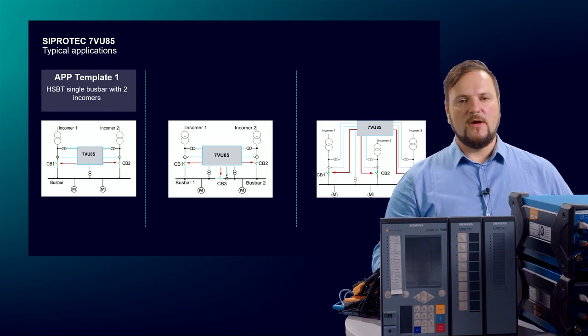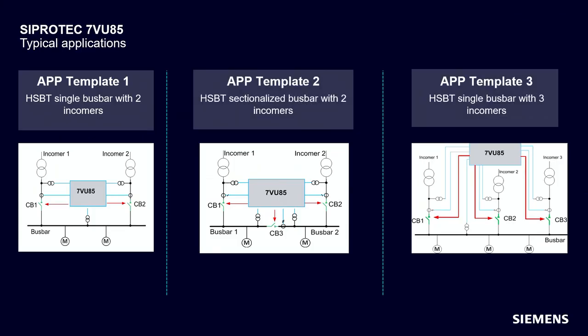When we talk about the different applications, I have three typical applications here in DIGSI available. I think these 3 are the typical ones. On the left side, we have a 2-breaker application.